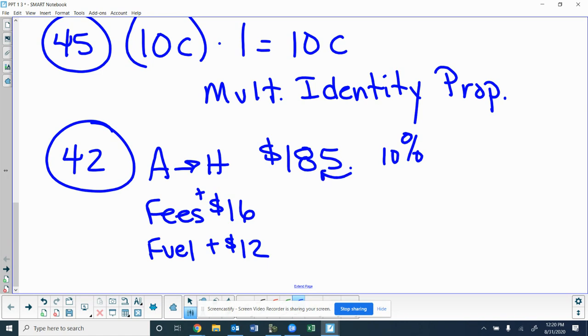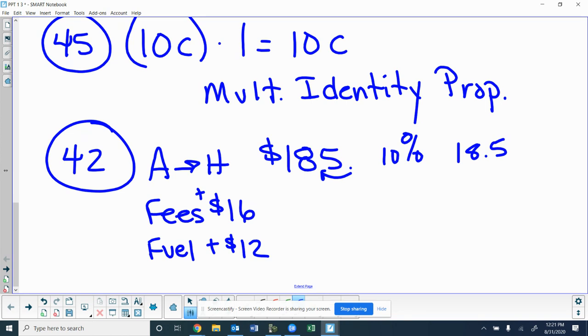So 10%, you move it over. Why did you do that for the 185 and not the total of all? Because that was the base price. It said 40% off the base, right? Yeah, right, 40% off the base. So that's why I did it there.